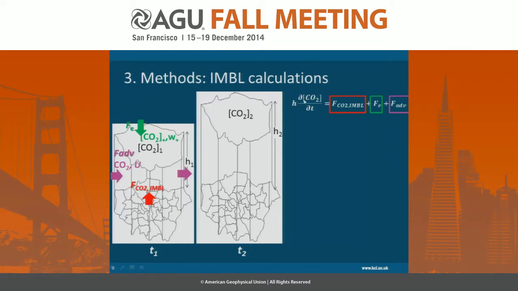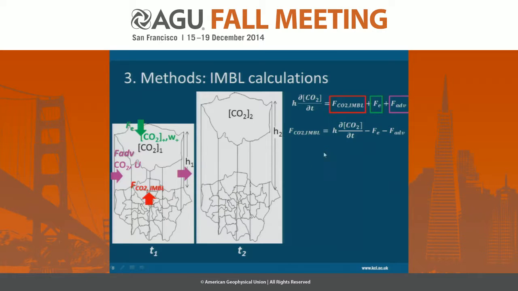So the changes of the CO2 concentration over time in this box with height h are going to be due to surface fluxes at the ground level, and since it's a big city, most of these fluxes are going to be anthropogenic. The changes of the CO2 over time are also going to be due to entrainment at the top of the boundary layer and also a lateral flux.